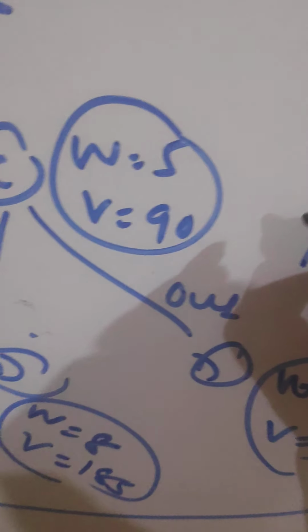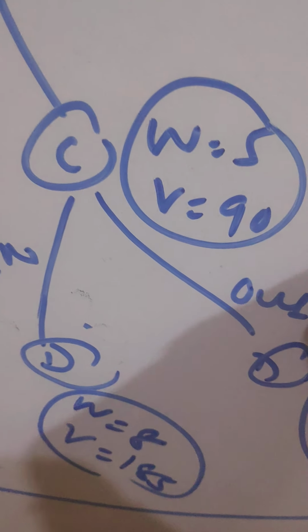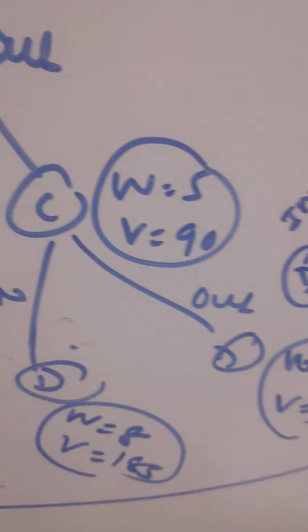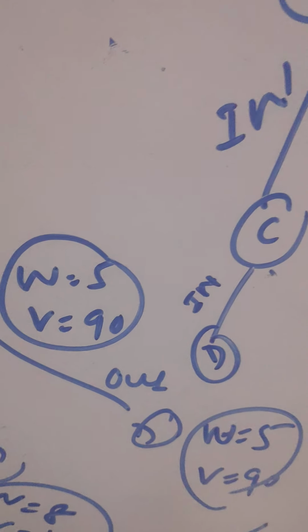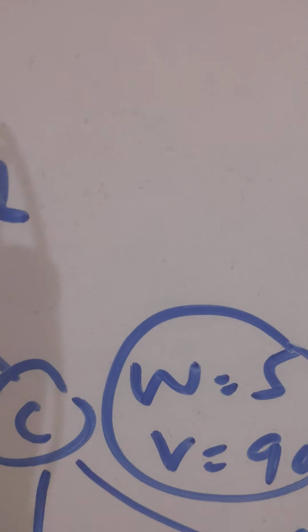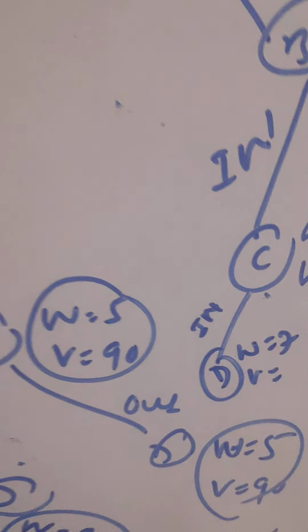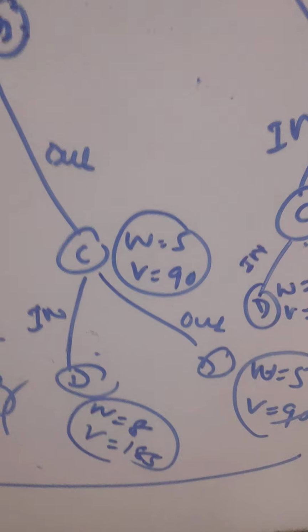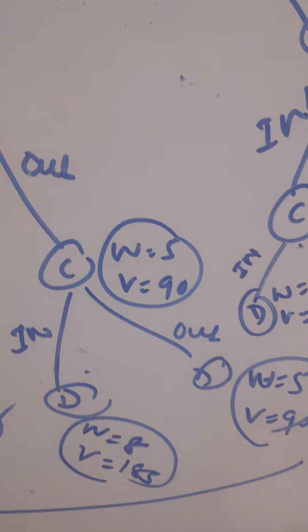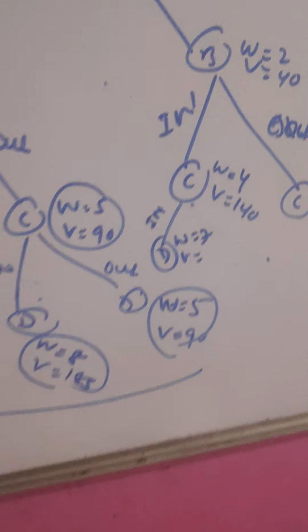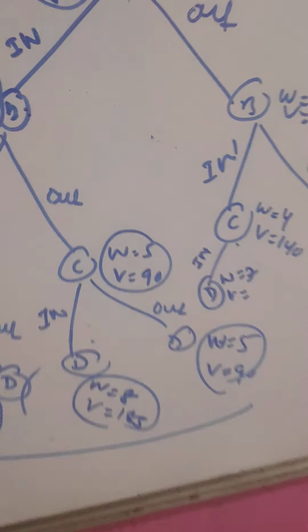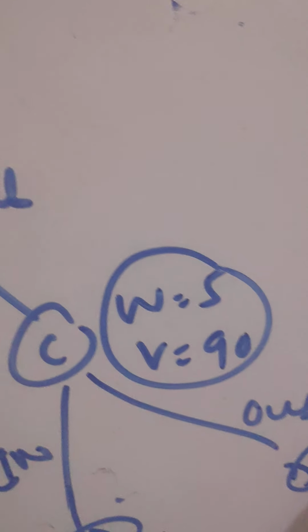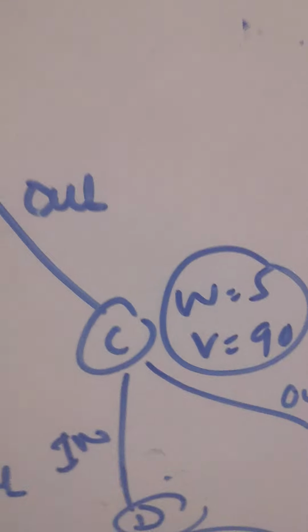Similarly, if I include D, what is my weight? My weight becomes 7, and value becomes 140 plus 95, that is 235.